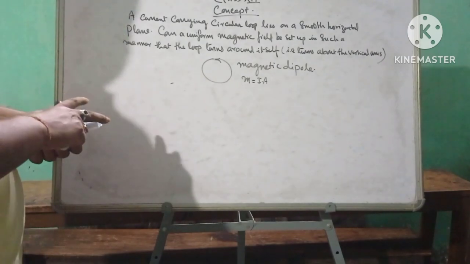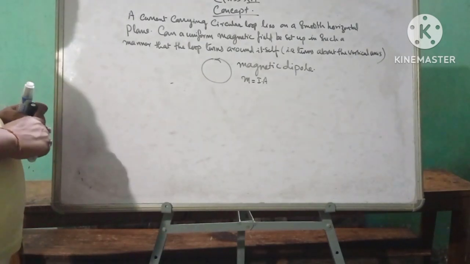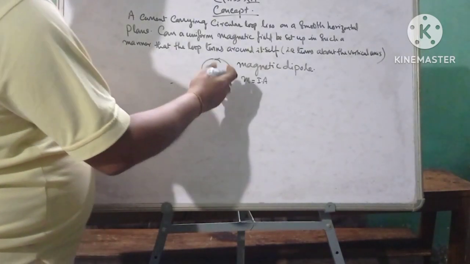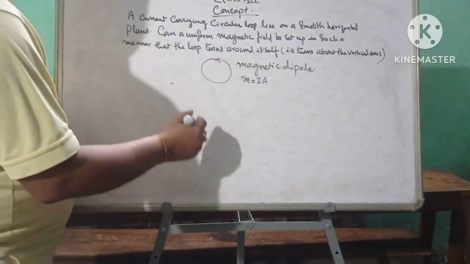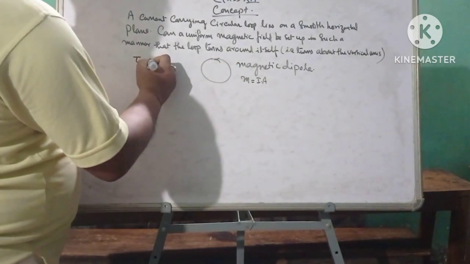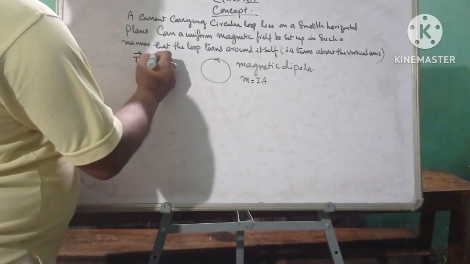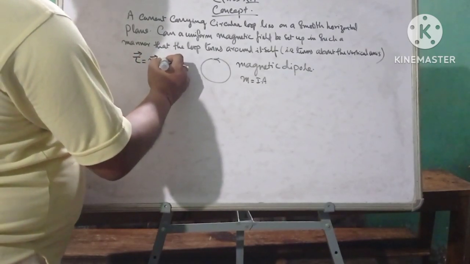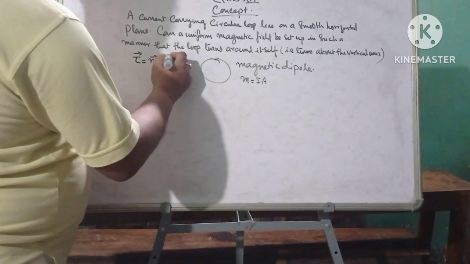Now, when this circular loop is placed in a uniform magnetic field, there is a torque, and this torque is equal to the cross product of magnetic moment and magnetic field.